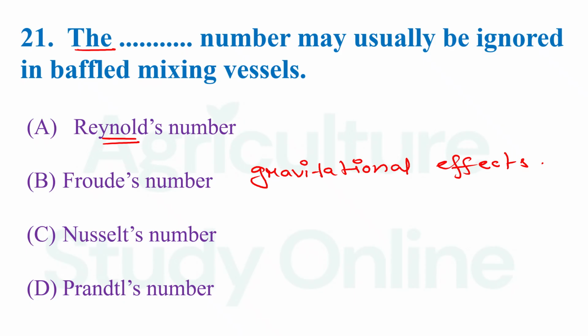Like the surface vortexing. In baffled vessels, this vortex is being prevented, so it can be ignored. So the correct option is Froude's number. Next, Nusselt's number is related with heat transfer.